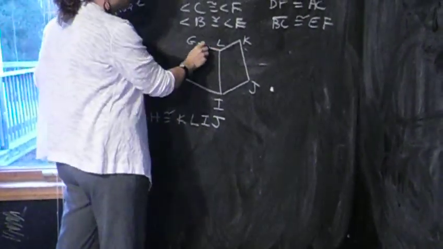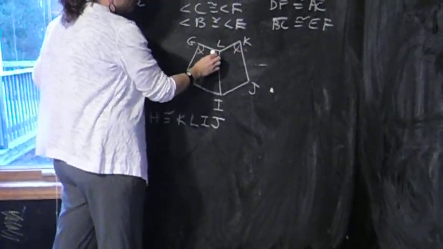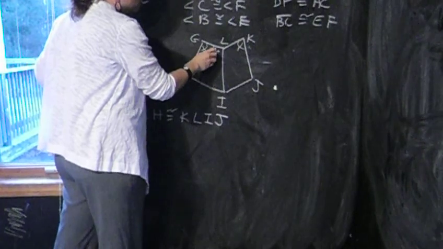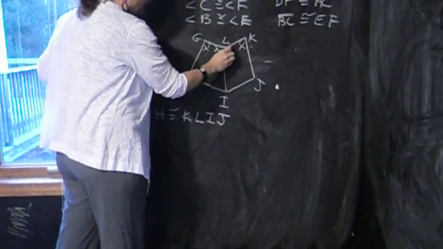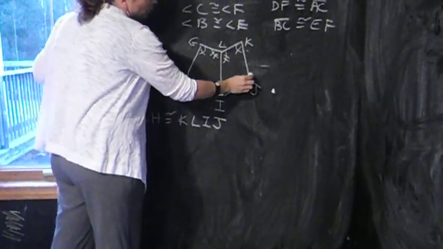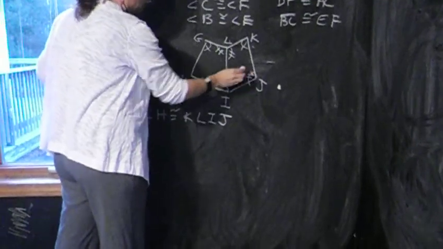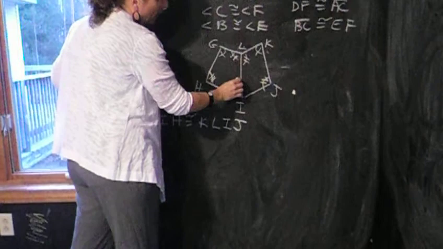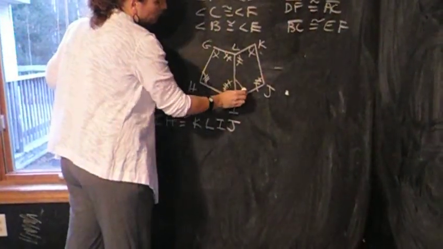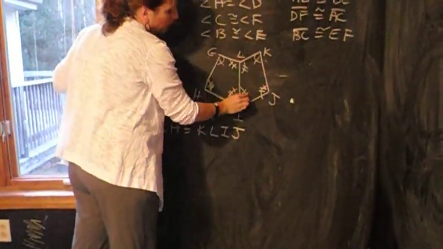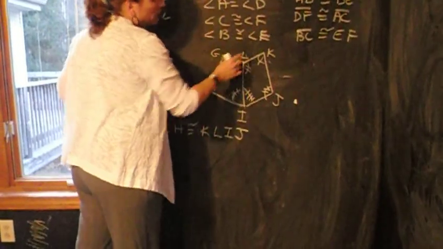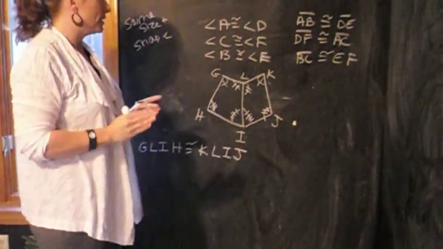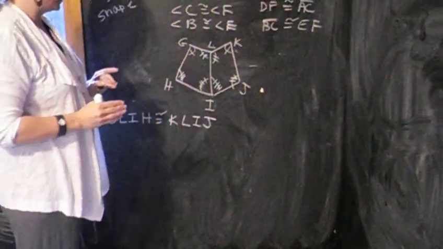Because in this case, G is congruent to K, GLI is congruent to KLI, J is congruent to H, and then HIL is congruent to JIL. You always have to make sure you get the right sides and the right angles together.